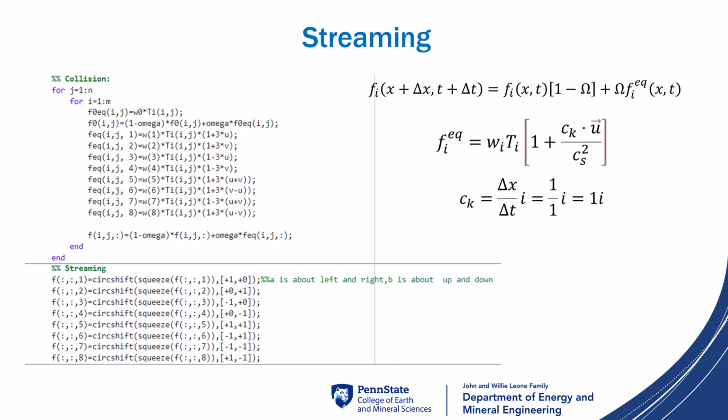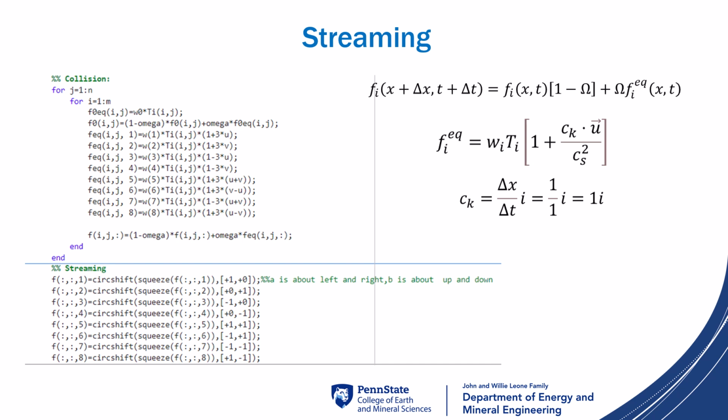Next comes the streaming step. This step moves each part of the distribution function to the neighboring grid cell following its direction of motion. You can think of this step as physically shifting little packets of heat across the grid. In the code, this is done using a circular shift function. Let me explain with a couple examples. For direction 1, which points to the right, we shift the data by +1 in the x direction and 0 in the y direction.